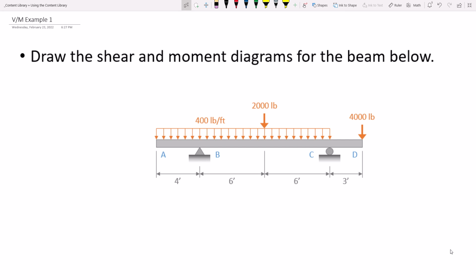Okay, so a couple of things. We've got a point load, we've got distributed loads. Let's deal with our reactions first. How many unknown reactions are here at B? What type of support is that?